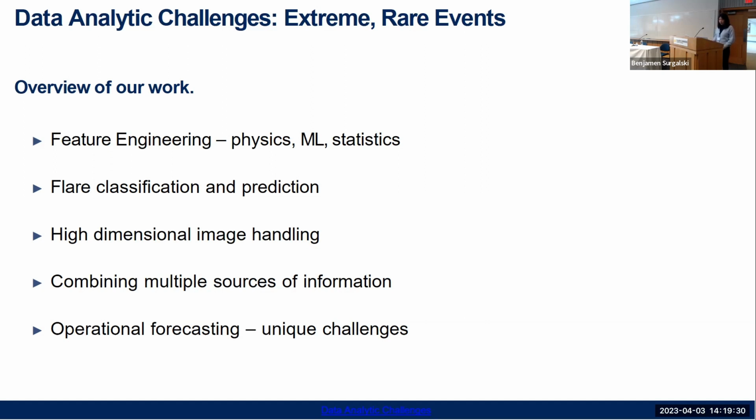And then finally, we're interested in operational forecasting. So this is completely different from any of the machine learning tasks that I mentioned in the previous bullet points, because there are so many other issues related to operational forecasting. How can you measure the risk of taking actions in an operational setting? How do you communicate your uncertainties to those space weather forecasters?